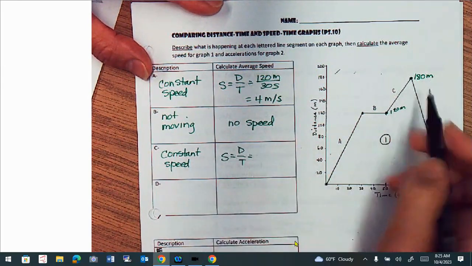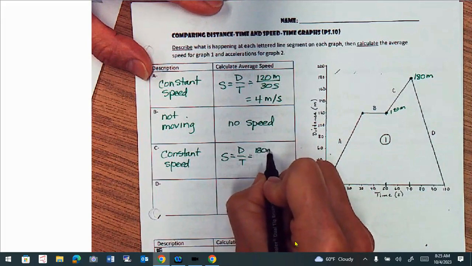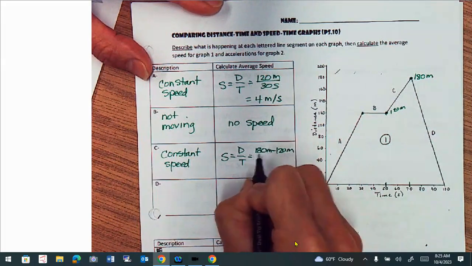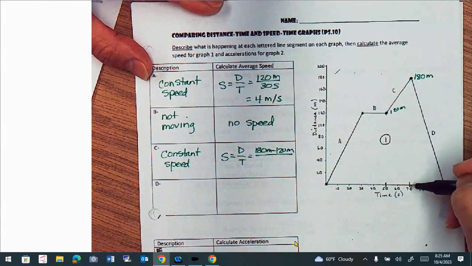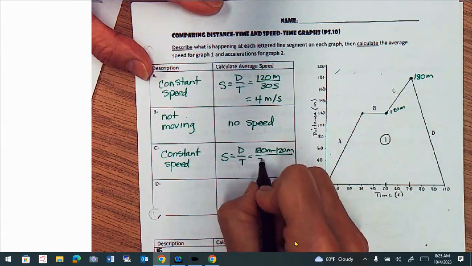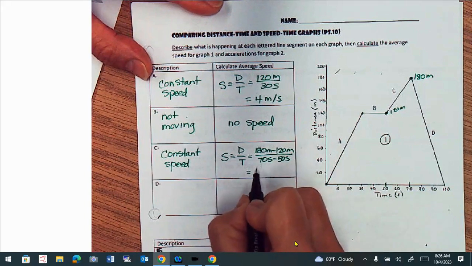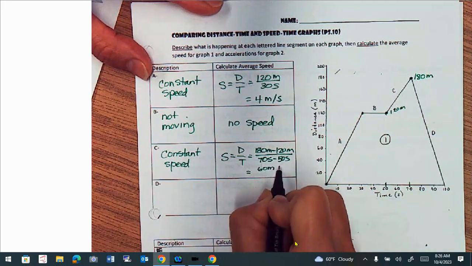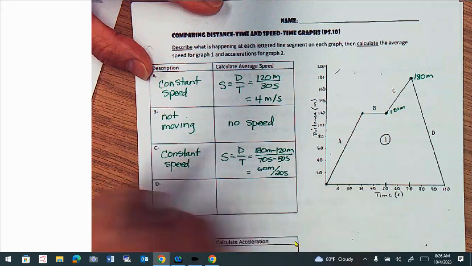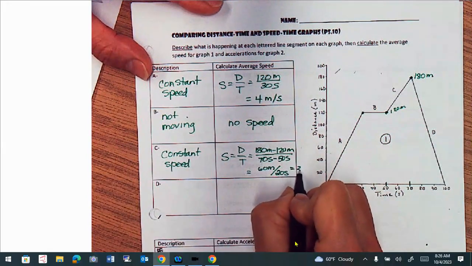So 180 minus 120. And the time is 70 seconds minus 50 seconds. It's 60 meters over 20 seconds, 3 meters per second.